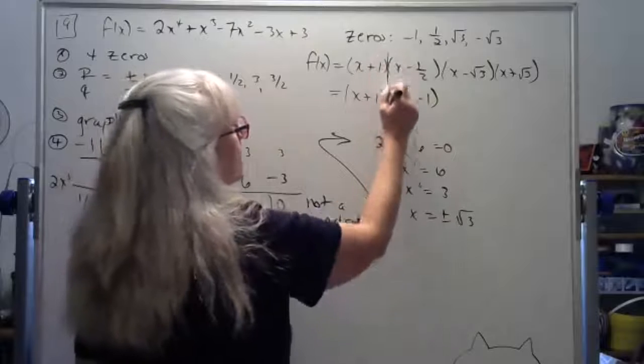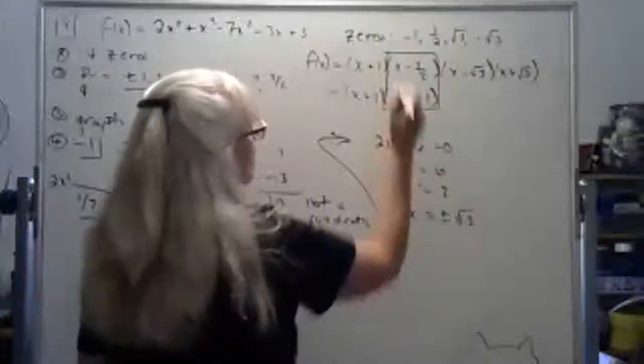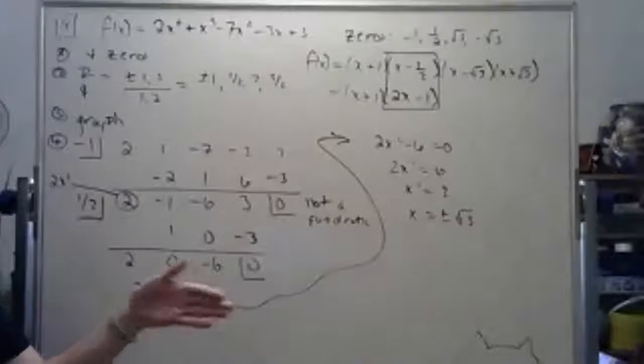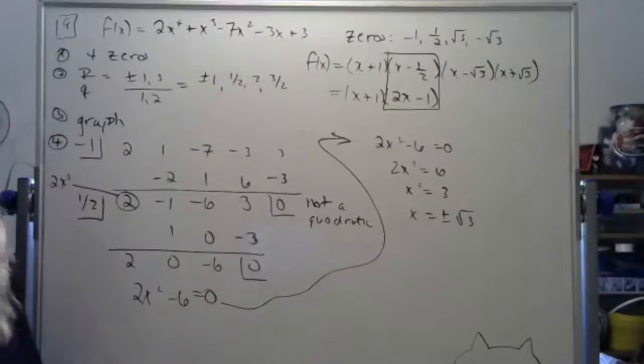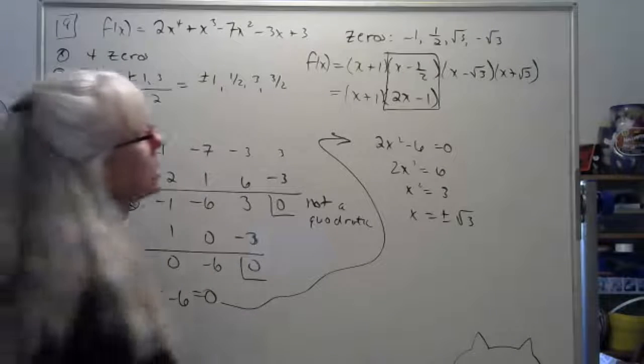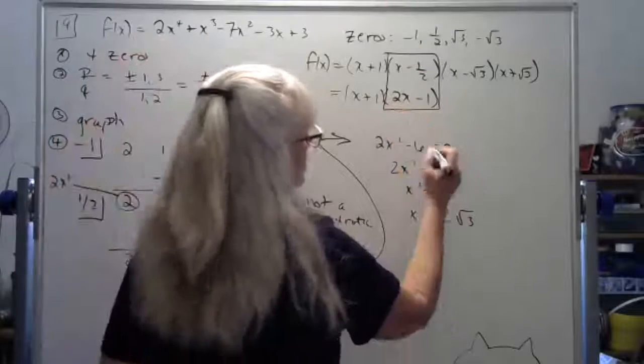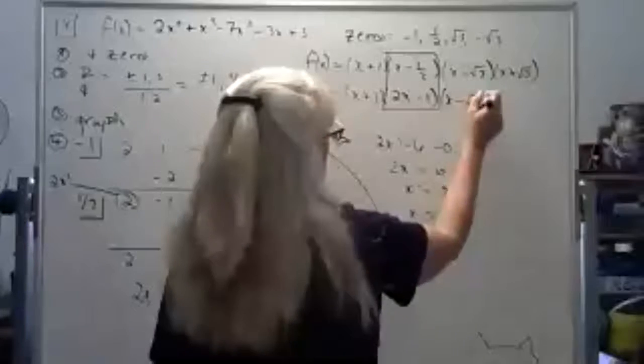Notice that if I solve either one of those, I'll get a 1/2. If I set x minus 1/2 to 0, or if I set 2x minus 1 to 0, they're both going to give me an x equal to 1/2. The only reason to do this is to recreate that 2 that's the leading coefficient. And then the other ones stay the same.